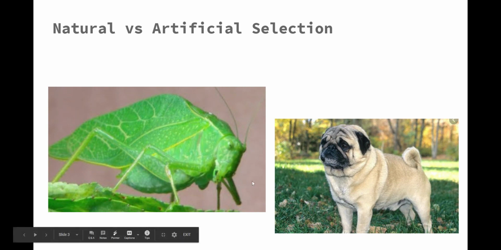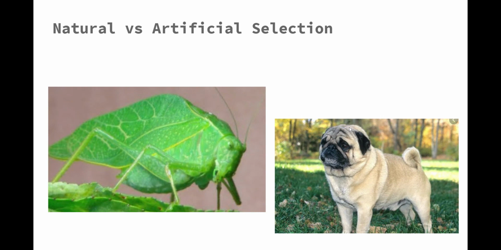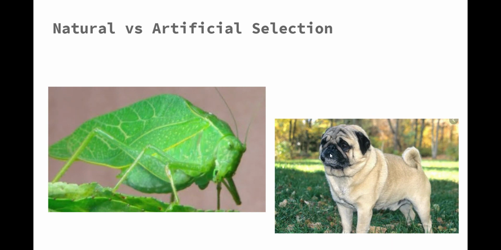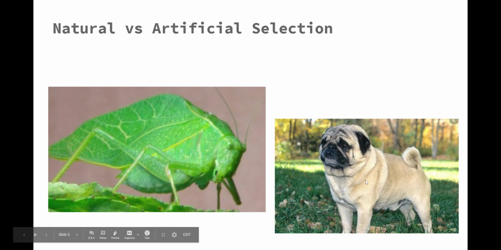Nature is dictating that. On the other hand, artificial selection is when humans decide traits that they like, and this is a great example of this. As this pug who has this smashed-in face, humans decided that that was useful for some reason, and we have this.